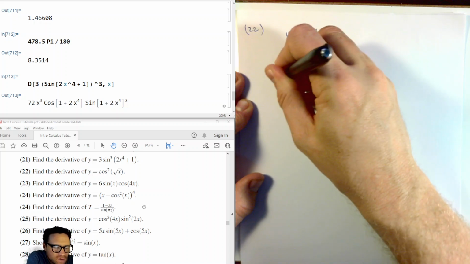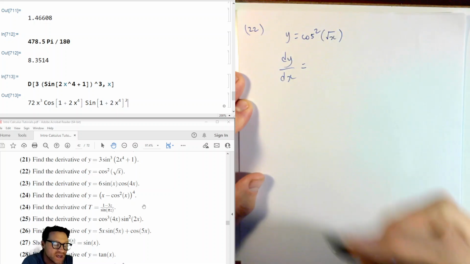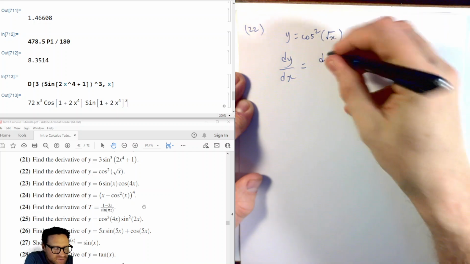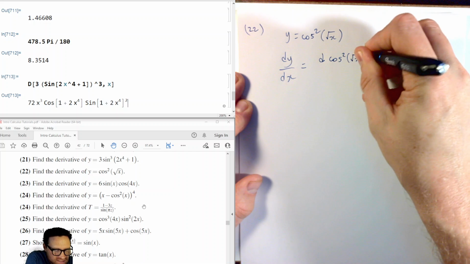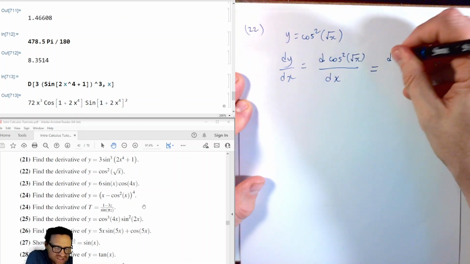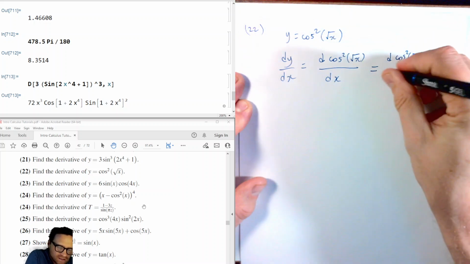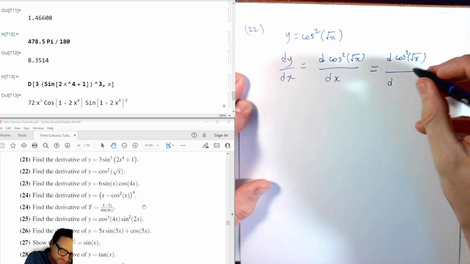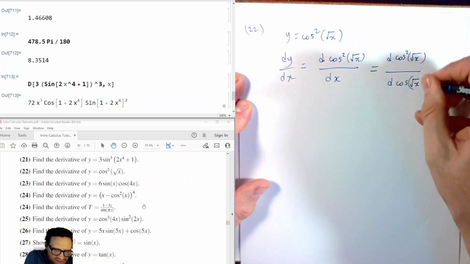So dy on dx. Now the u here will be cos of the square root of x. So we have d of cos squared of the square root of x with respect to x, which is d of cos squared of the square root of x with respect to cos of the square root of x.